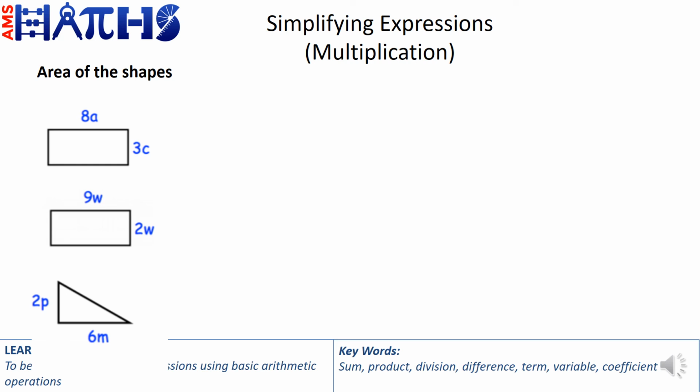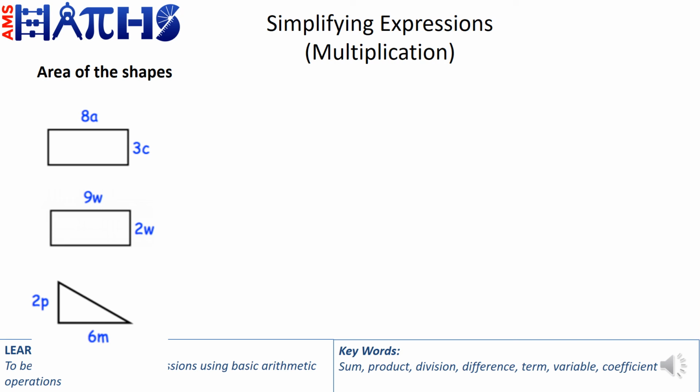Our final set of examples on simplifying expressions using multiplication will be a combination of simplifying expressions with geometry. And so for these 3 shapes, we are going to find the area. The area of a rectangle, as we know, is found by multiplying the length times the width, or base times the height.